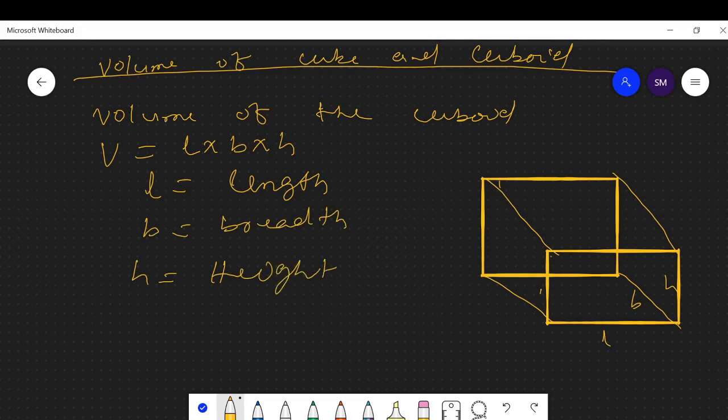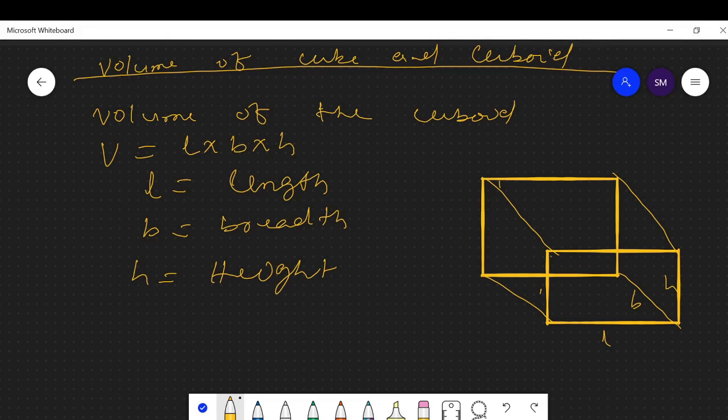I have already told you the cuboid is a solid which has 6 faces and all the faces are rectangles. The basic difference between cuboid and cube is that the cube is also a solid object in which the 6 faces are squares. In case of cuboid, all the 6 faces are rectangles.